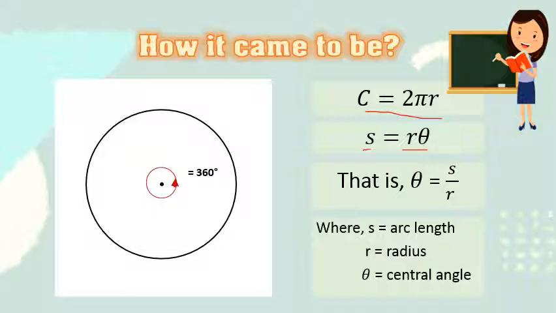So we can have theta equals s over r, wherein s is the arc length, r is the radius, and theta is the central angle.